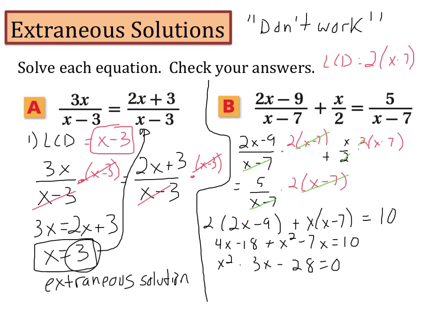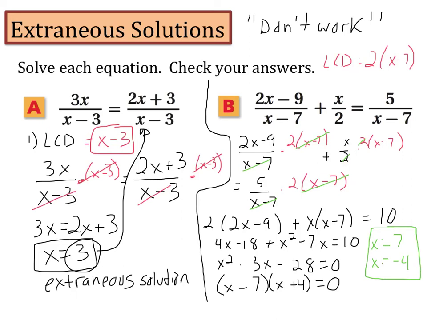We brought over the 10 from the right side. Then we can factor this. We have x and x, 7 and 4. We make the 7 negative, the 4 positive. Then our two answers are x equals 7, x equals negative 4.